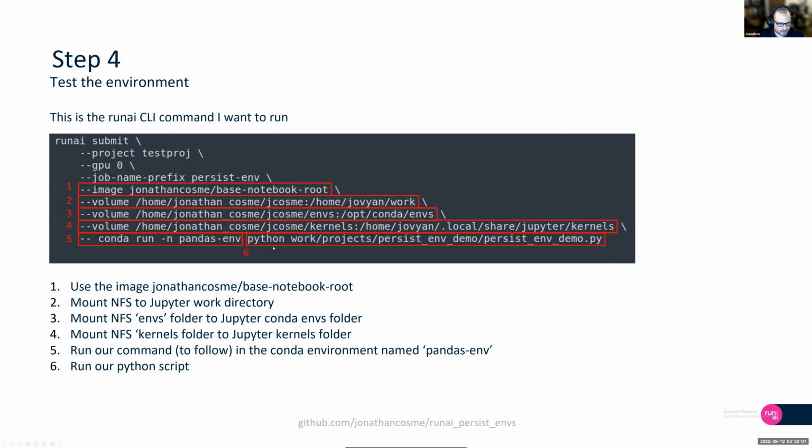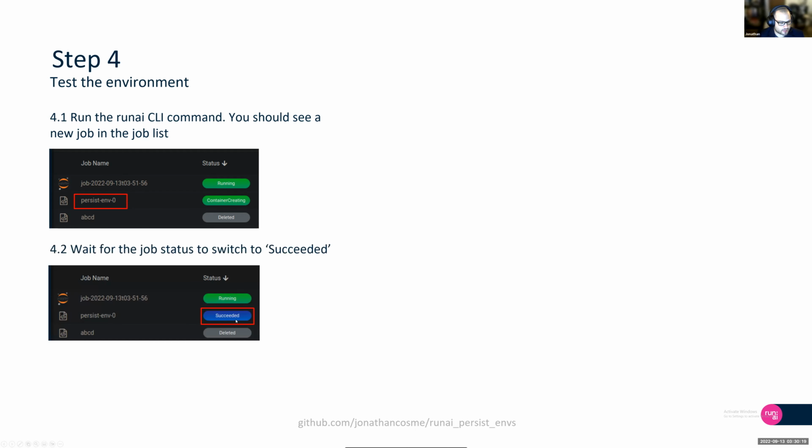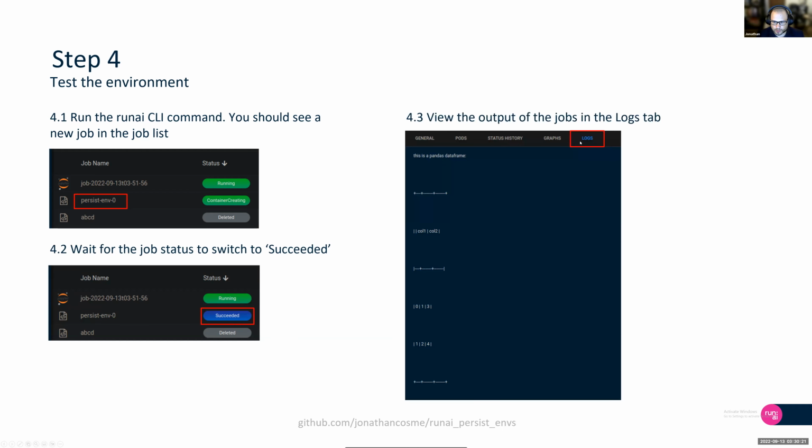We'll use Python to run our script, persist_environment_demo.py, which is under persist environment demo, under projects. And so we'll just run that in the CLI and we'll see a new job pop up in our job list. And once that is actually finished, we should be able to go to the logs and see this is the pandas data frame and the data frame printed. So let's go ahead and try that out.